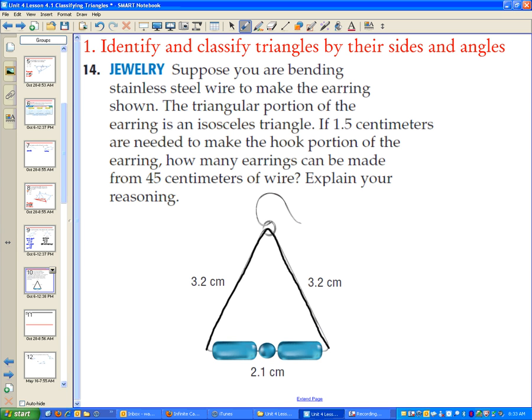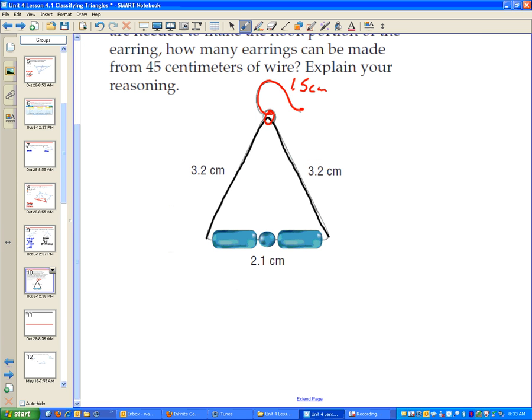If 1.5 centimeters are needed to make the hook portion of the earring, so that is 1.5 centimeters, how many earrings can be made from 45 centimeters of wire? Well, how many centimeters of wire are required to make 1 earring? Is it 10? 1.5 plus 3.2 plus 3.2 plus 2.1?